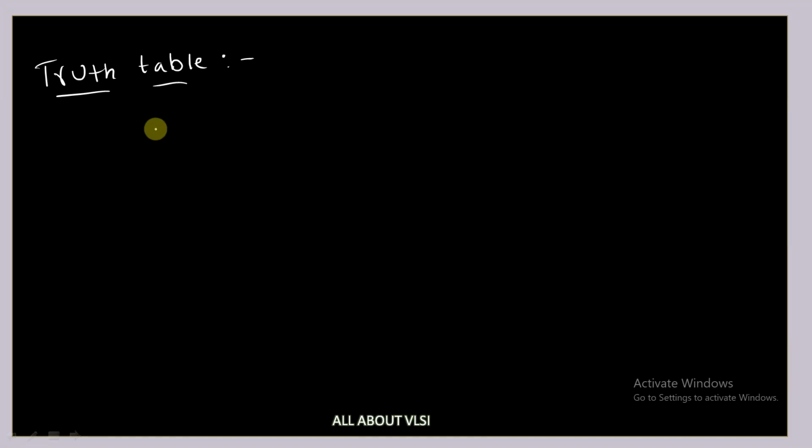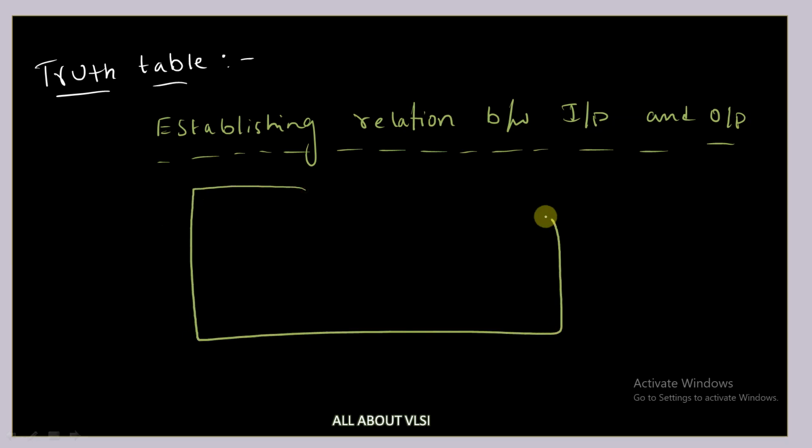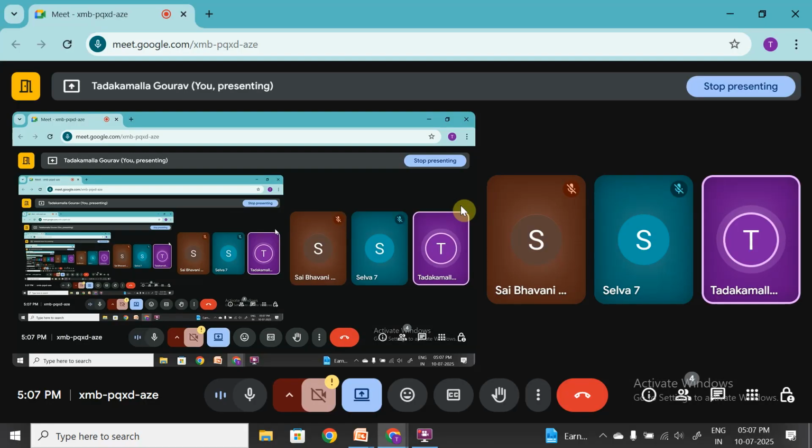Basically, the truth table establishes the relationship between input and output. It is like a table which has some set of inputs on the left hand side, and some set of outputs on the right hand side. So this is nothing but your truth table.